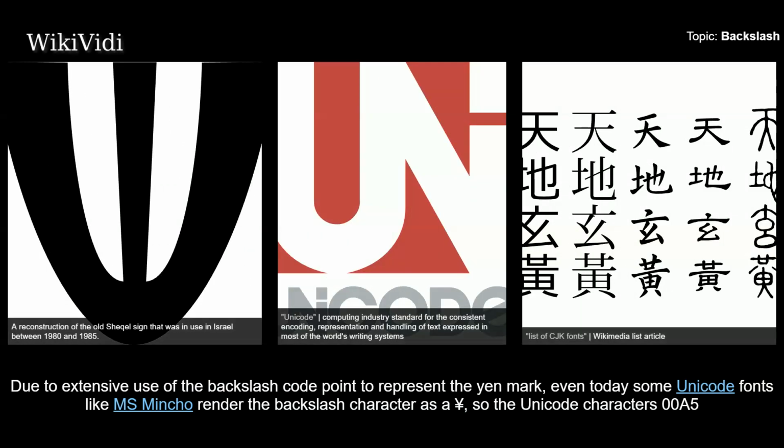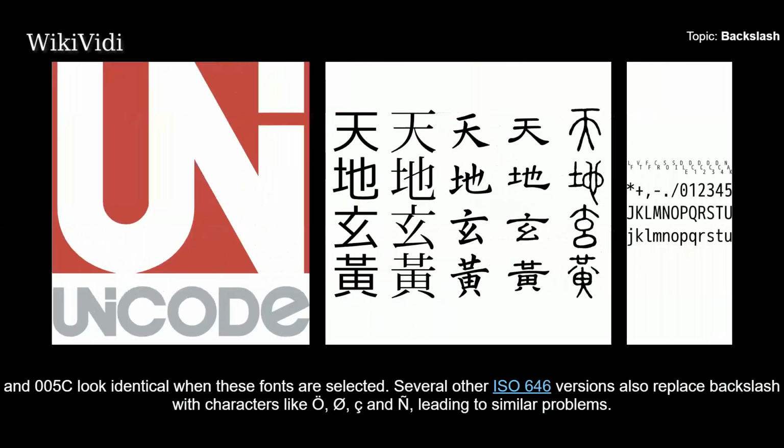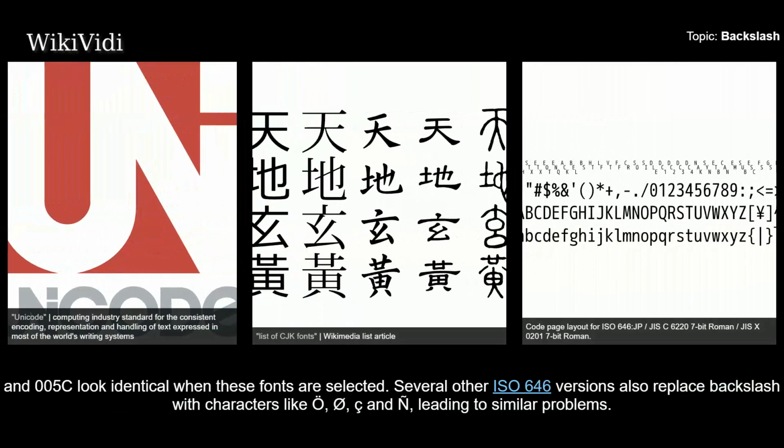Due to extensive use of the backslash code point to represent the yen mark, even today some Unicode fonts like MS Mincho render the backslash character as a yen, so the Unicode characters 00A5 and 005C look identical when these fonts are selected. Several other ISO 646 versions also replace backslash with characters like Ö, Ç, C cedilla and Ñ, leading to similar problems.